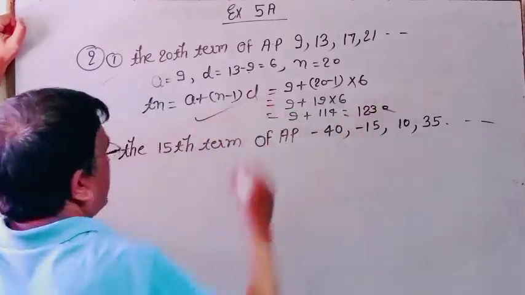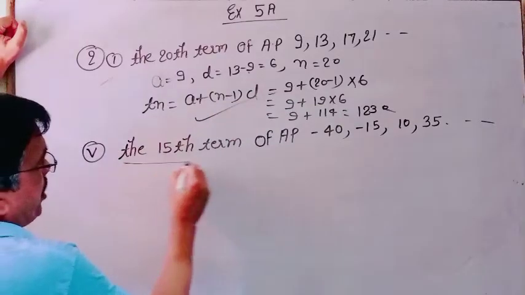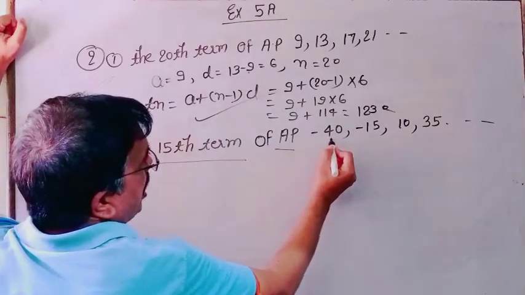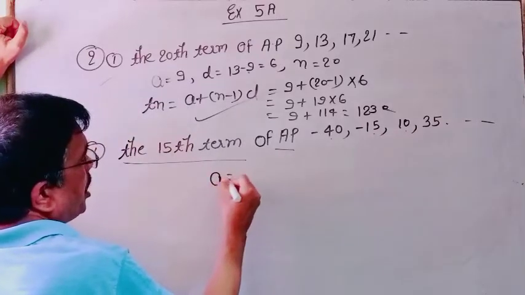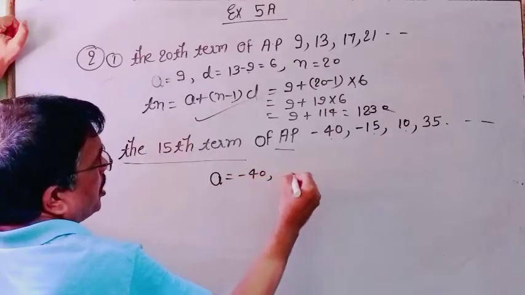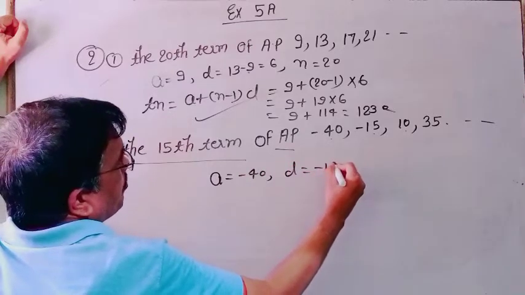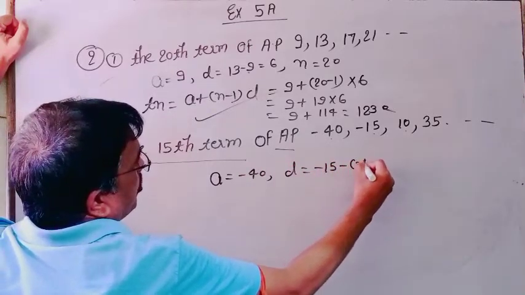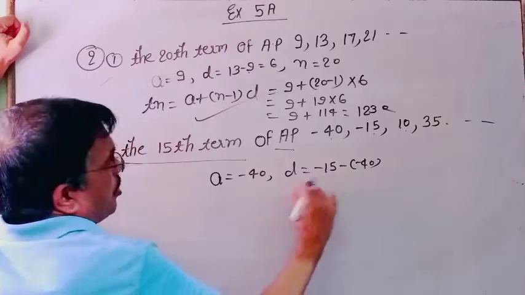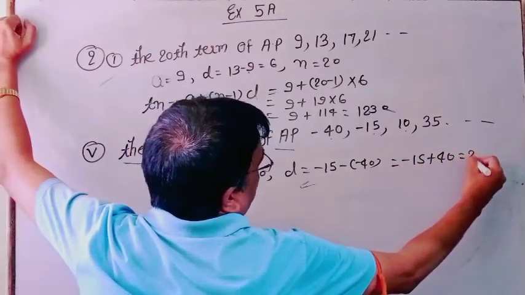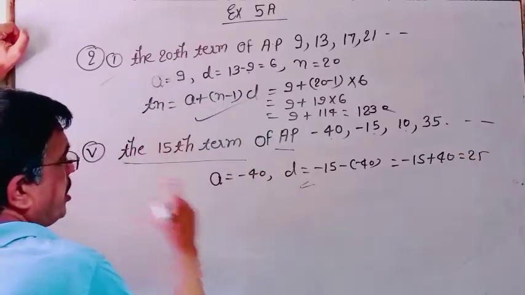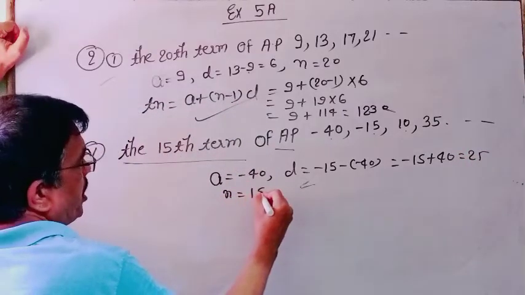It is a good solution. Similarly, the 15th term of an AP minus 40, minus 15, and so on. In this question, A is equal to minus 40, D is equal to minus 15 minus minus 40, that is minus 15 plus 40, that is 25, and N is equal to 15.